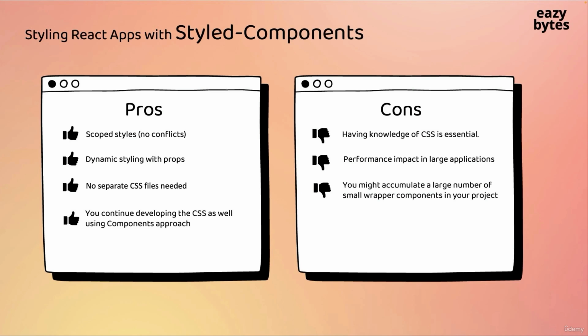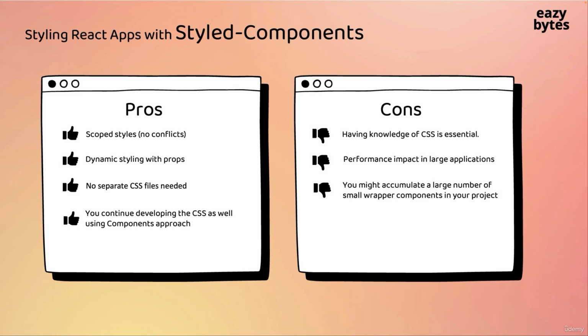Once those files and components are ready, the actual developer who is building the business logic with the help of functional components can import the styled components and start injecting them inside the functional components. Coming to the disadvantages, whoever is developing these styled components should have a good understanding of CSS basics because we are going to develop all the CSS logic from scratch. The next disadvantage is around performance impact.